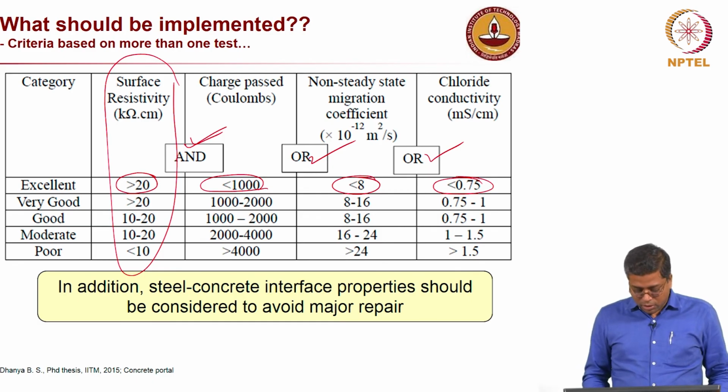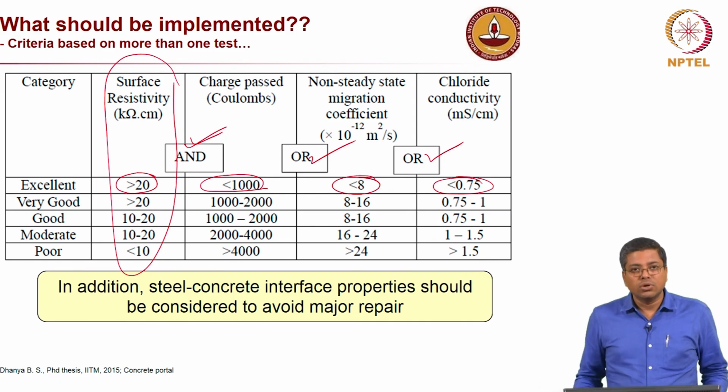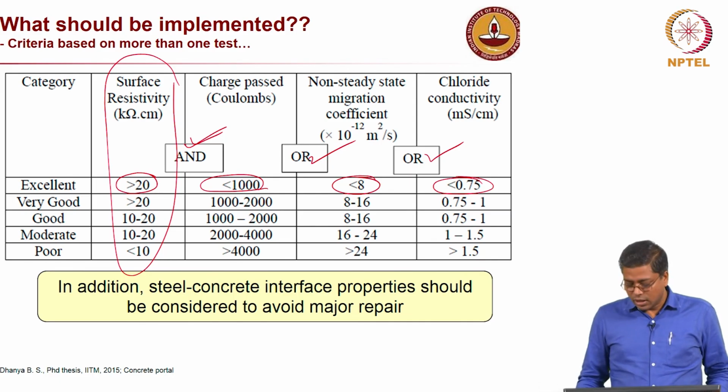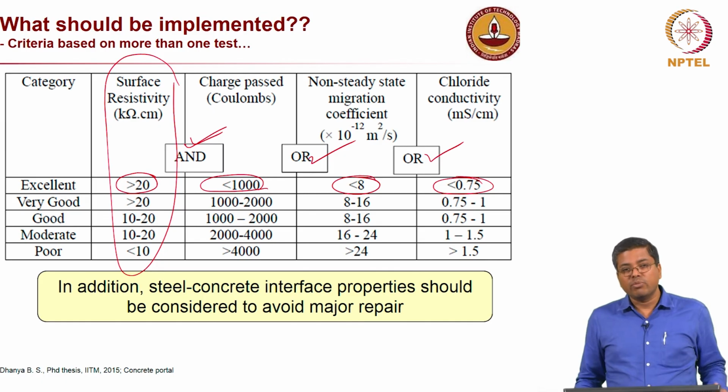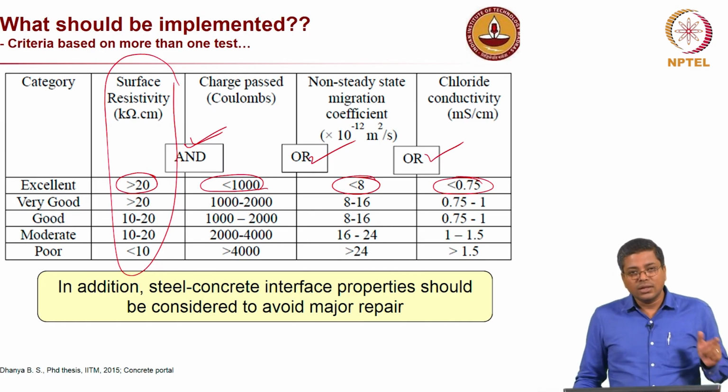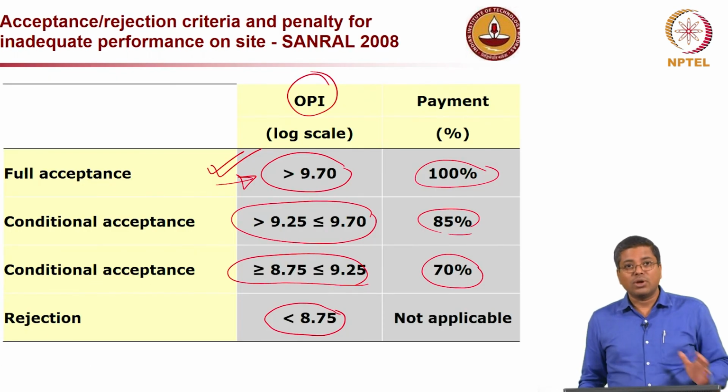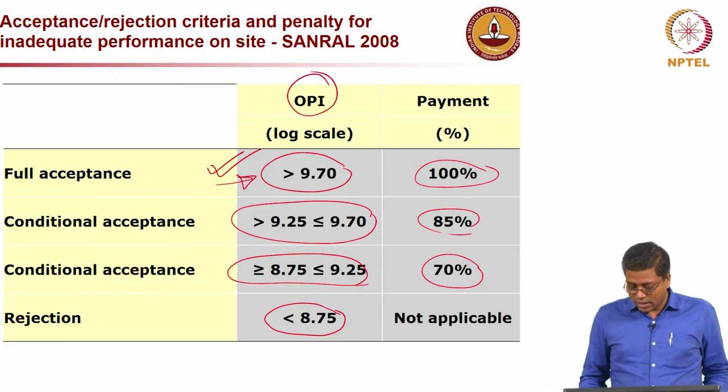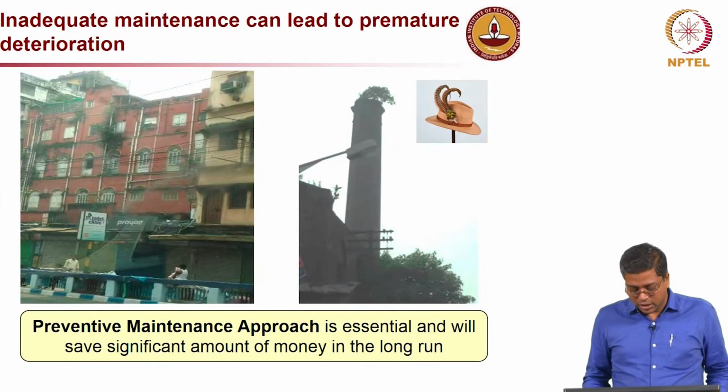So, it is very important to adopt durability based testing and come up with performance based specifications in the contract document itself, and if we can connect them to the payment, then it will be really great. Yes, it is very difficult, but somewhere we have to start thinking in that way.